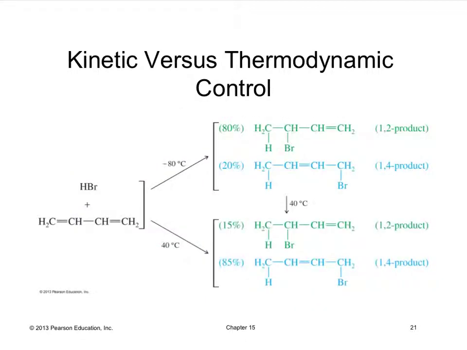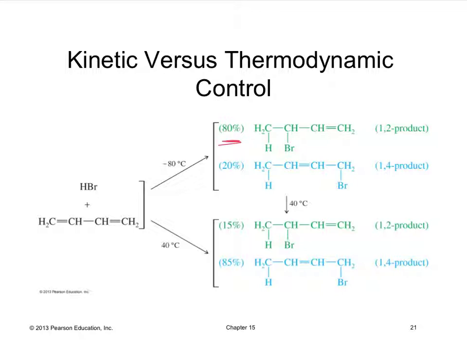Now this leads me to talk about kinetic versus thermodynamic control. If we take this reaction with HBr and perform the reaction at low temperatures, you can have both the 1,2 and the 1,4 product, as we talked about before, but you can see a predominance of the 1,2 product at 80%.